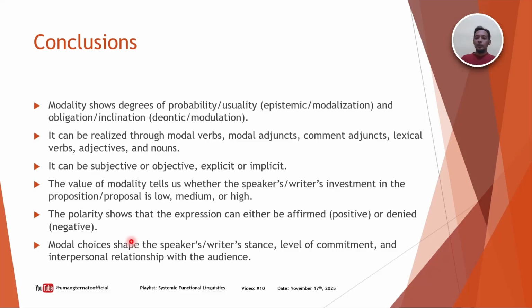Alright, and now we can conclude what we have discussed in this video. The first one, modality shows degree of probability or usuality, what we call epistemic or modalization, and also obligation and inclination, what we call deontic or modulation. Modality can be realized through modal verbs, modal adjuncts, and other language resources, as we have seen, and it can also be subjective, objective, and either explicit or implicit.